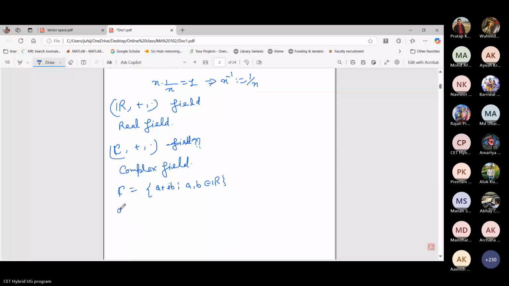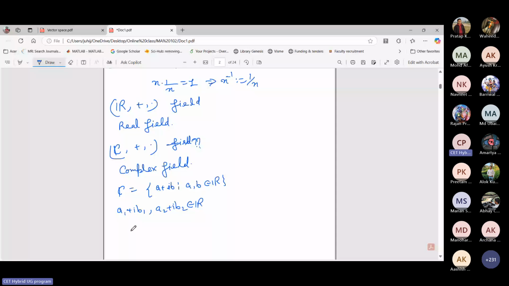If we take A1 plus iB1 and A2 plus iB2 in the set. Here i is iota, a symbol for the imaginary number.